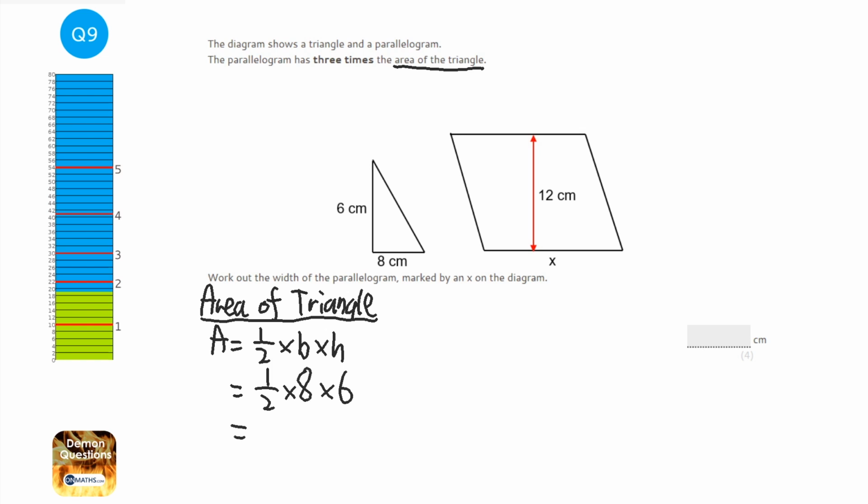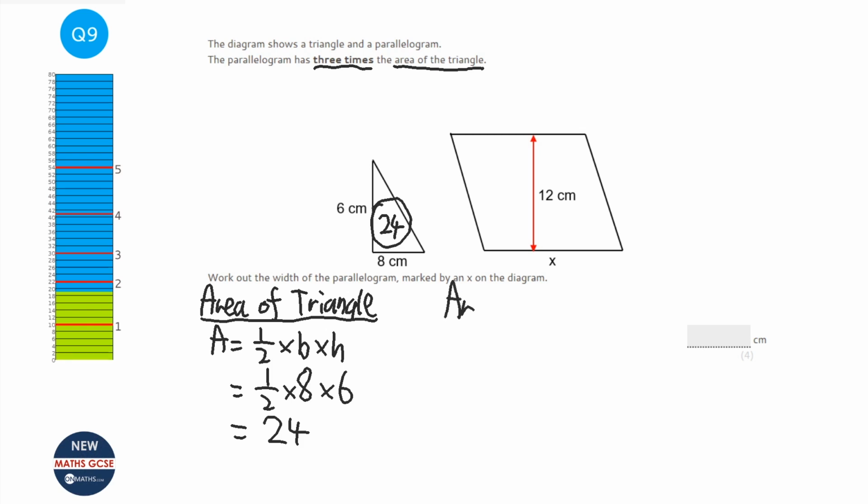Okay, so half of 8 is 4 times 6 is 24, or we could do 8 times 6, which is 48, and then half of that. Either way you get 24. So we know that the area of this is 24 centimeters squared. And we know that the parallelogram is 3 times the area of the triangle.